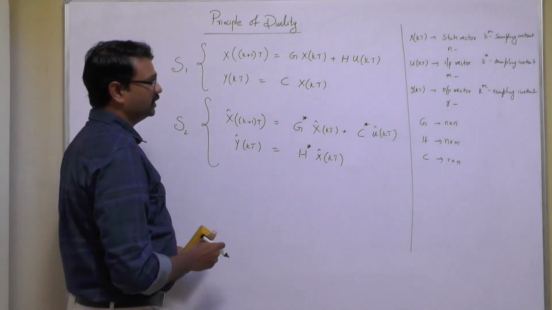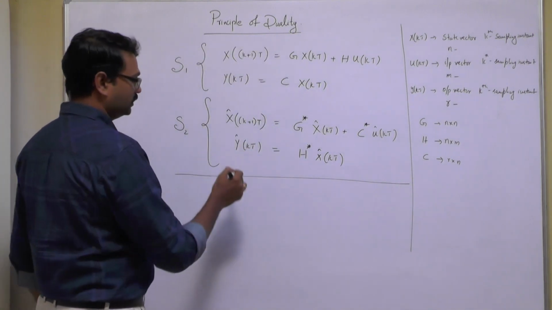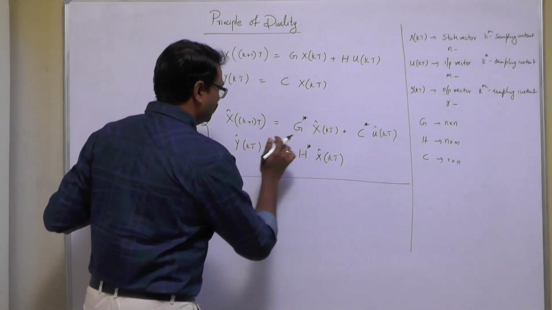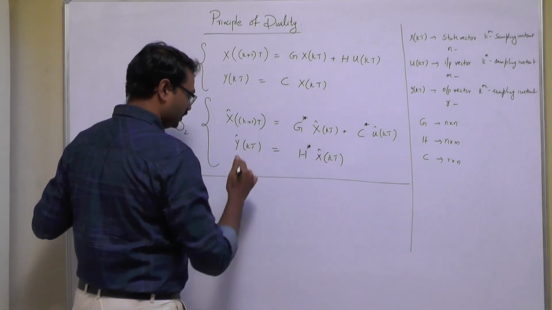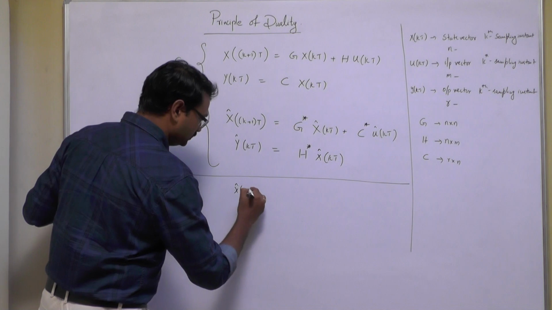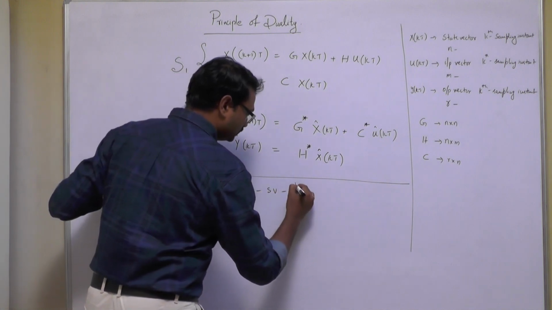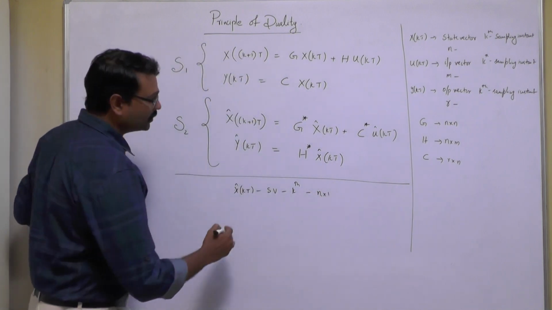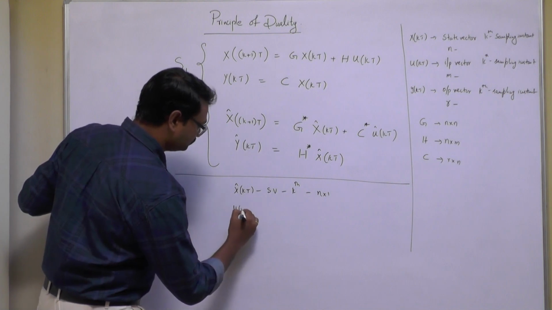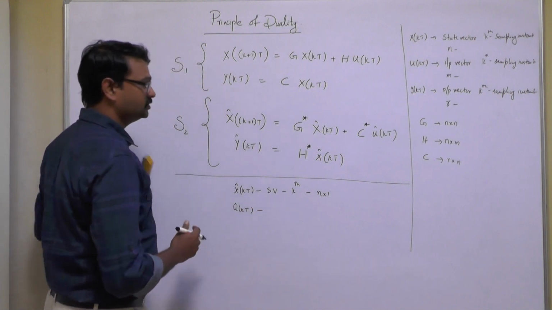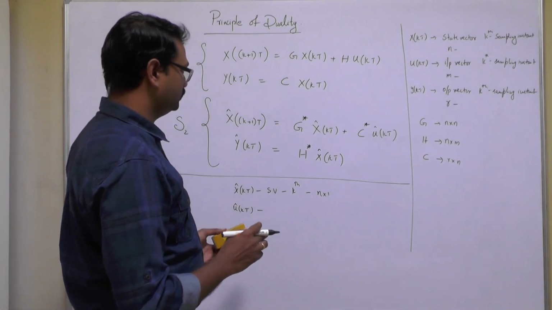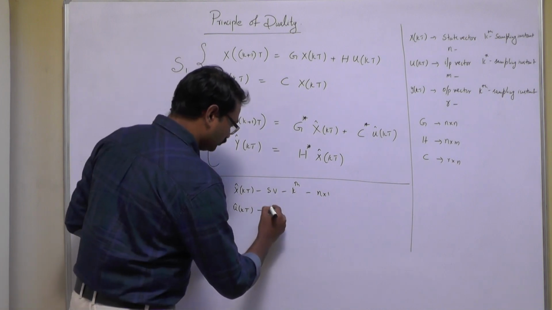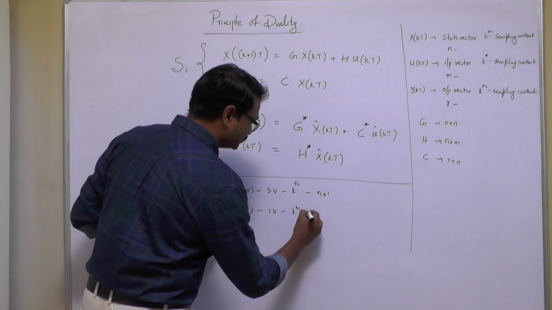Now when we consider writing all these vectors for the dual system, we have x cap of kT as the state vector at kth sampling instant, and it is of order n by 1. Similarly, u cap of kT, we are going to change this vector here because this is an input vector at kth sampling instant.